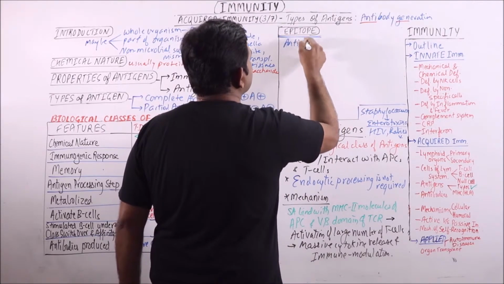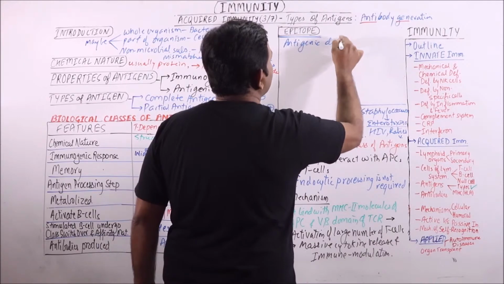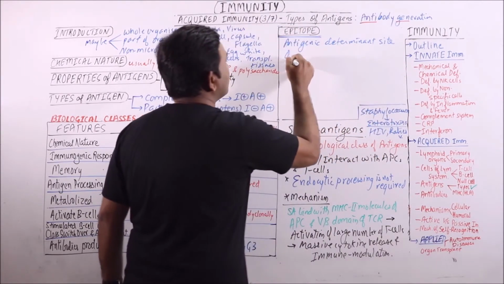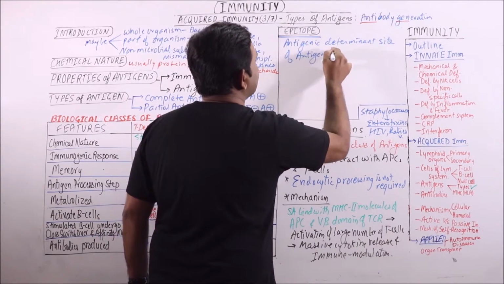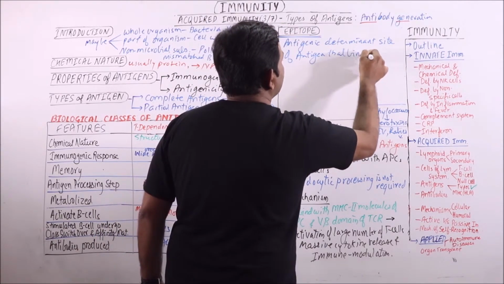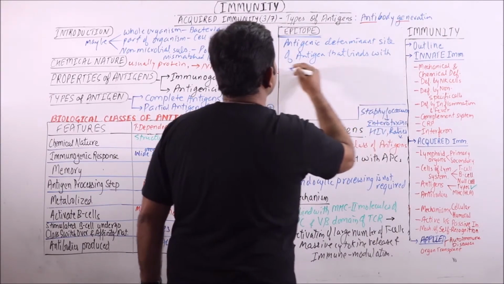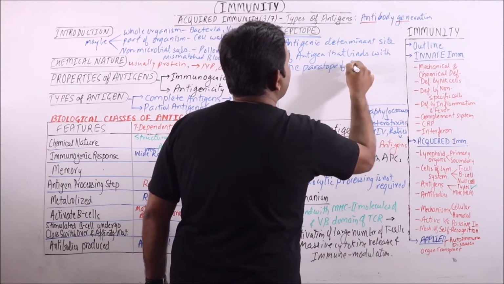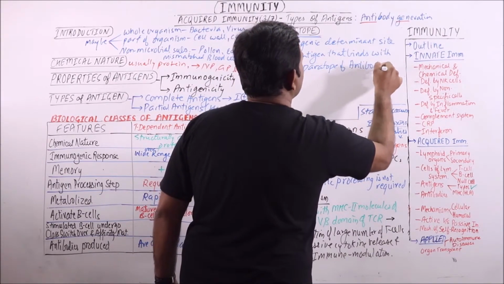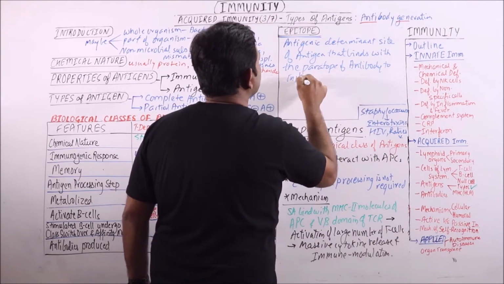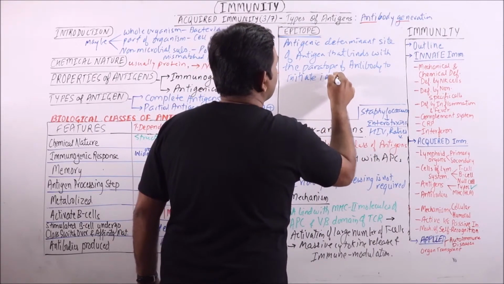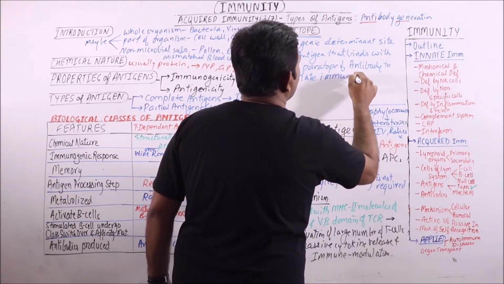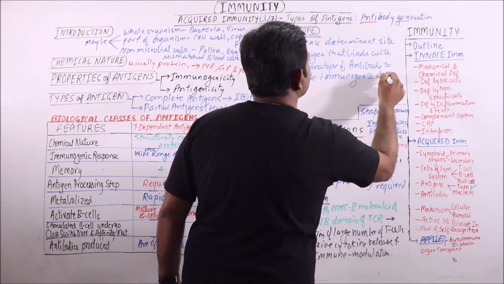Epitope is antigenic determinant site of antigen that binds with the paratope of antibody to initiate the immunological or immunogenic response.